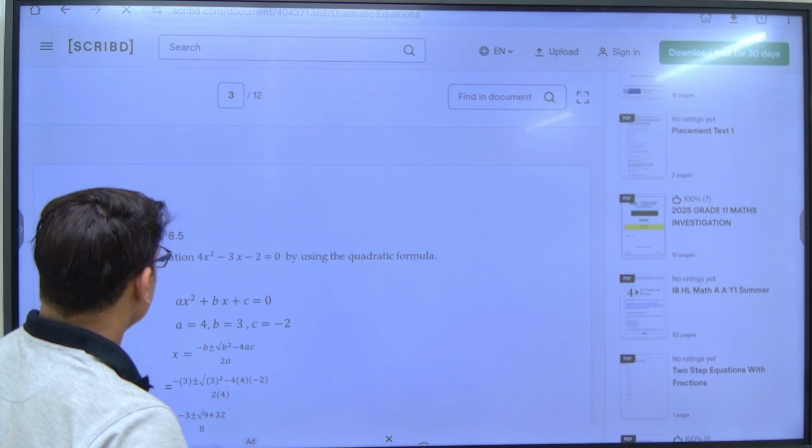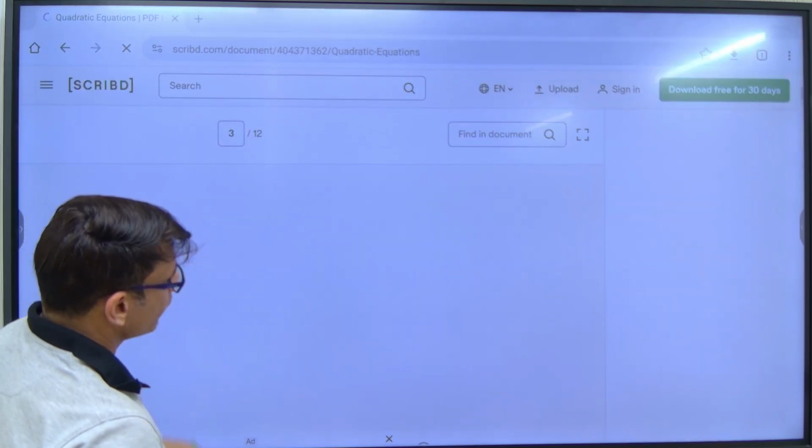Take out that book which I had given you. फालतू.